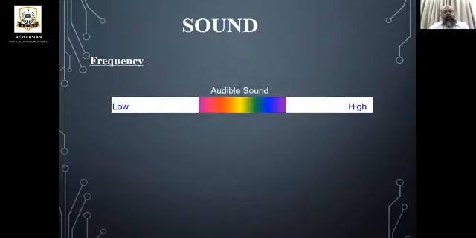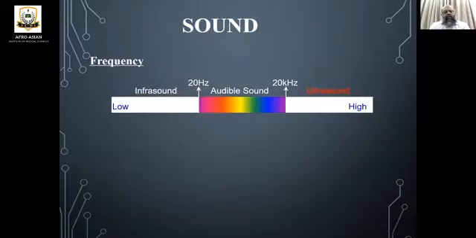The frequency can be audible or not audible. The not audible can be of two types: infrasound waves and ultrasound waves. The frequency of sound waves which are audible to the human ear ranges from 20 hertz to 20 kilohertz, which is 20,000 hertz, if the ears of an individual are normal.